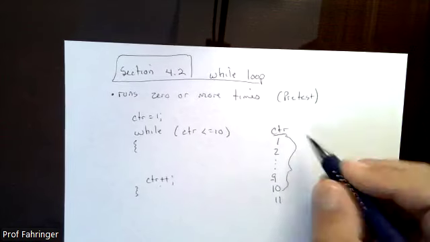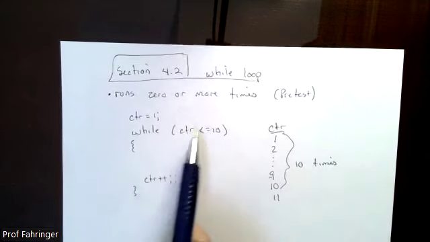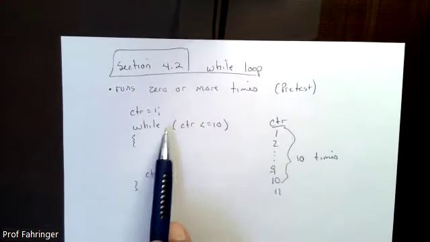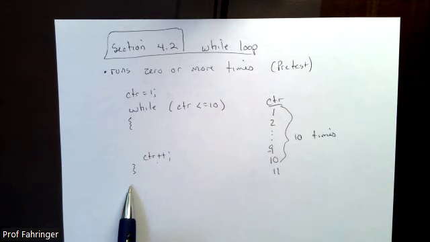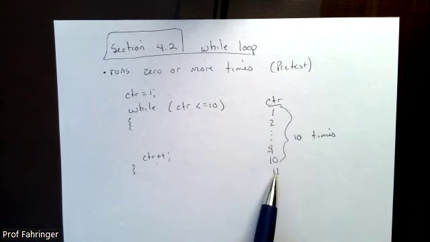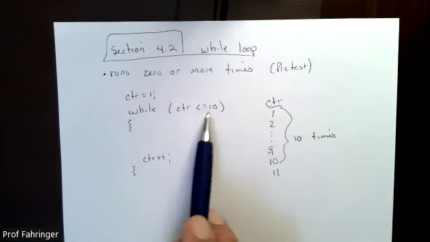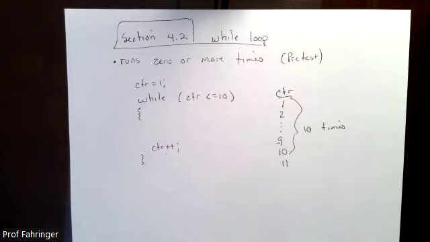So this guy would run 10 times. Great question. This guy would run 10 times. Now, if I said right here, output CTR, what value would get outputted? That would be 11. When this became 11, this became false, and it moved me on and kept me going in the program.